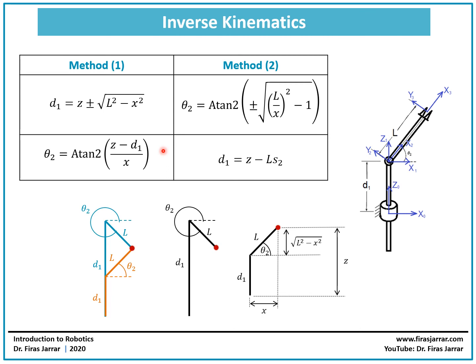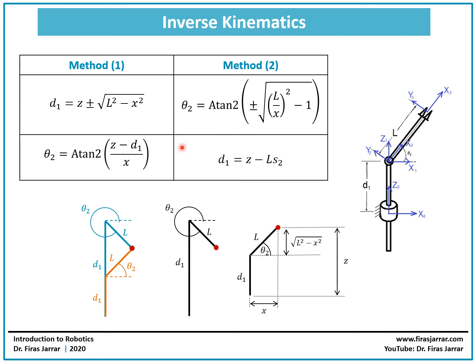They could be different expressions, but they will always be talking about the same thing. For example, if you look here, d1 is equal to z plus minus the square root of L squared minus x squared. The square root of L squared minus x squared is in reality equal to L sine theta 2. So you can see both of them are really referring to the same thing.